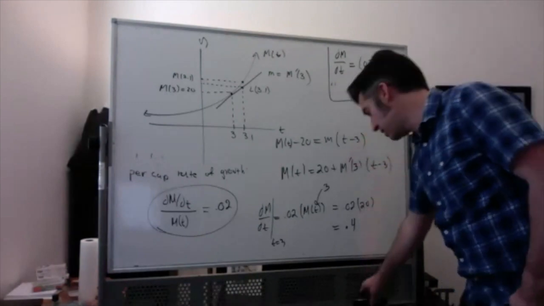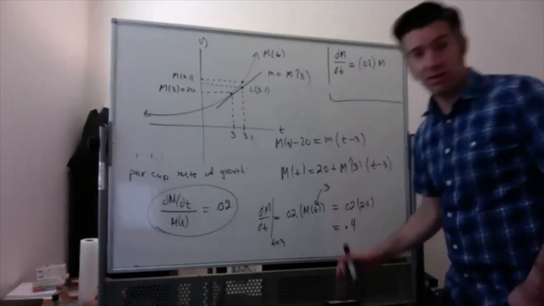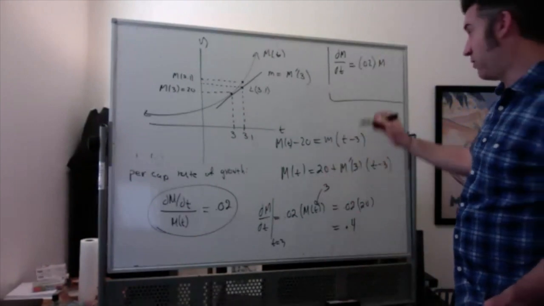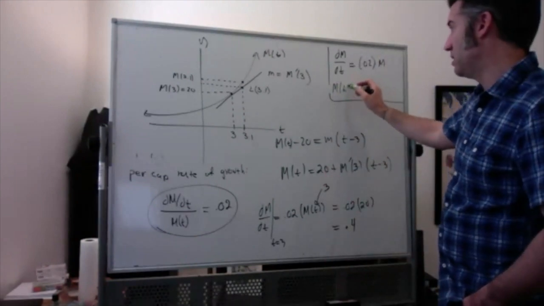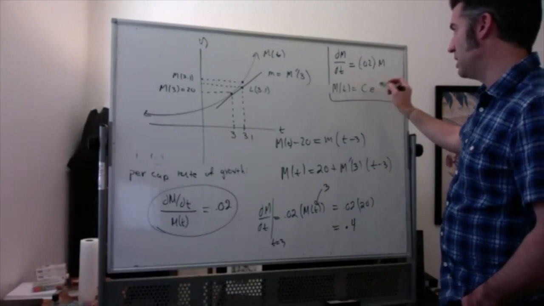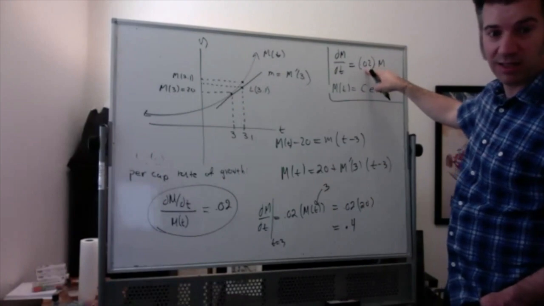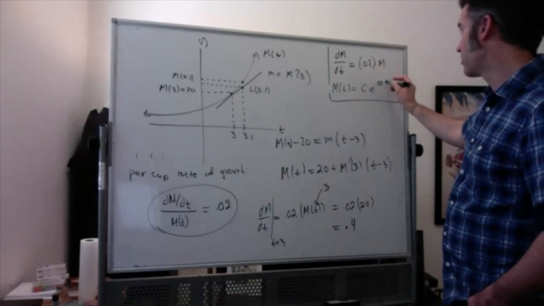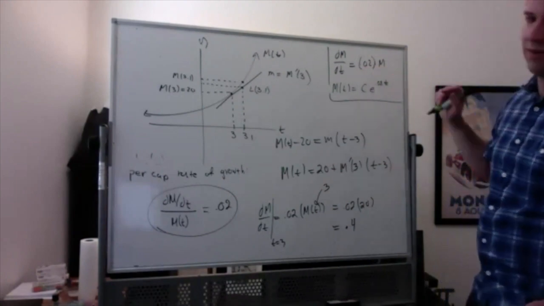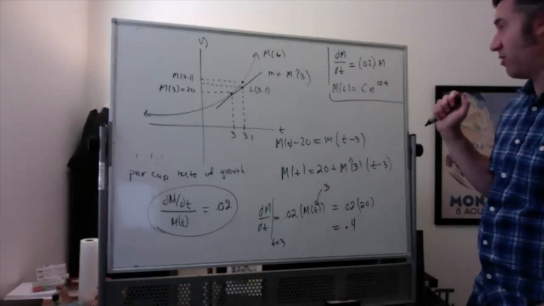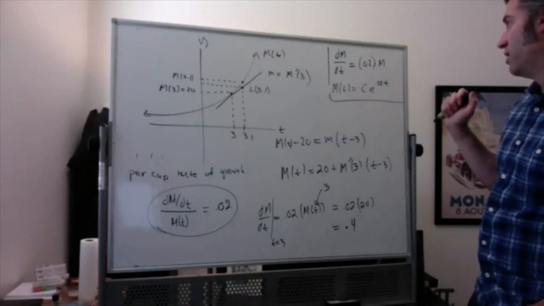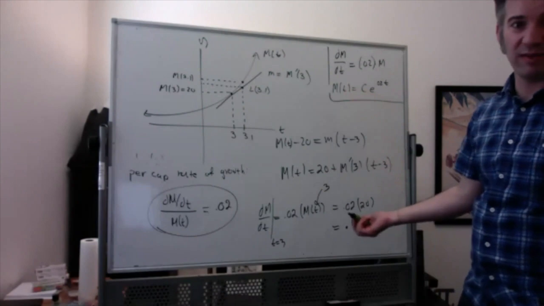We know that in this case, the population as a function of time is M of t equals C e to the kt, where k is that constant there. Of course, she made this a little bit harder because we don't know how much we have at time 0. We know how much we have at time 3.